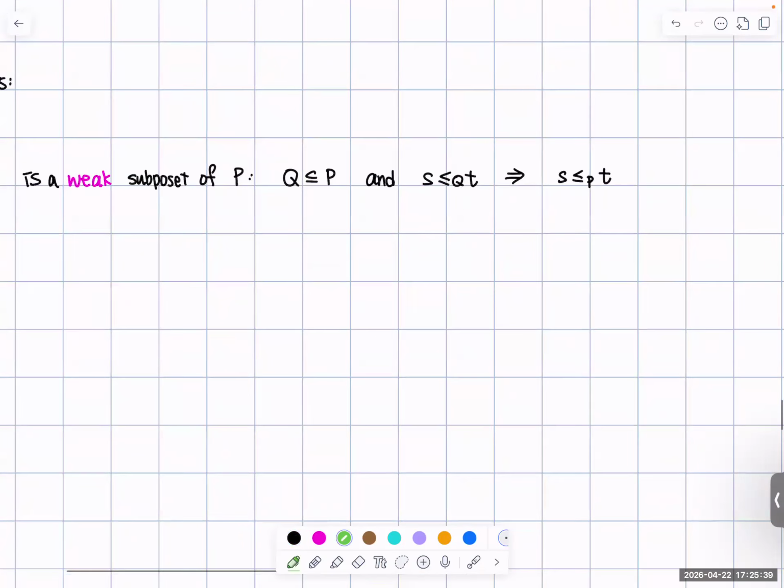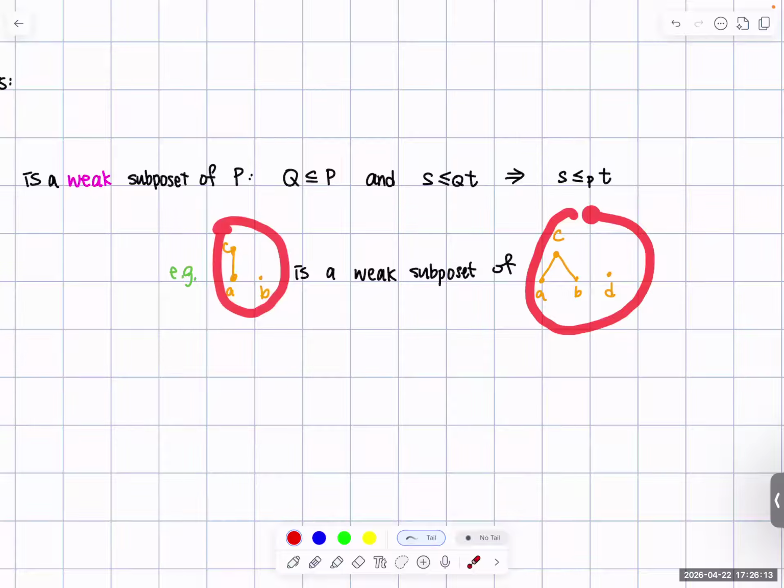Let me give you an example. If I have A, B, C, three things, and I just order them in this way, which is one of the 16 of them, this is a weak subposet of this one with A, B, C, and D. You can see that this is a subset of this one.